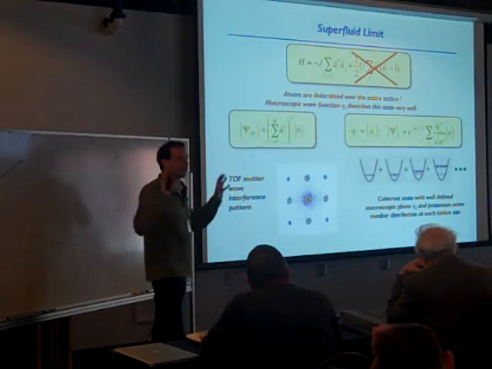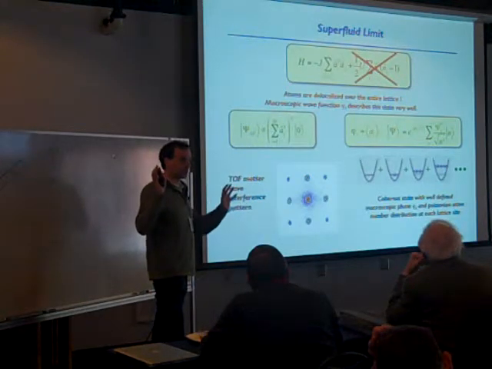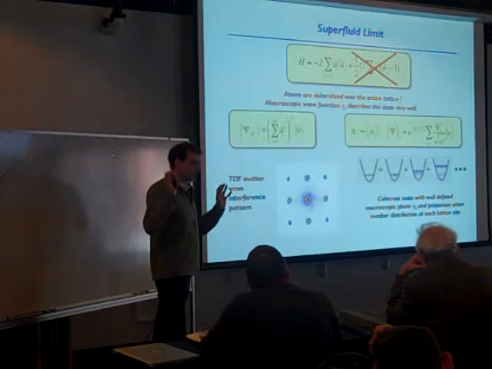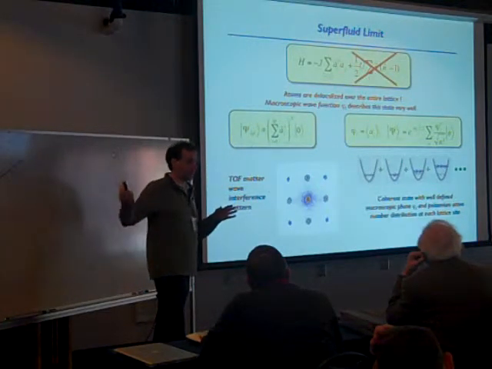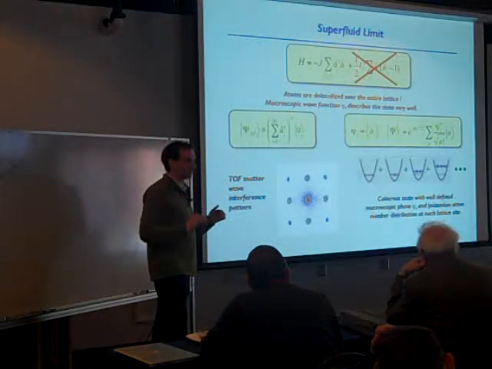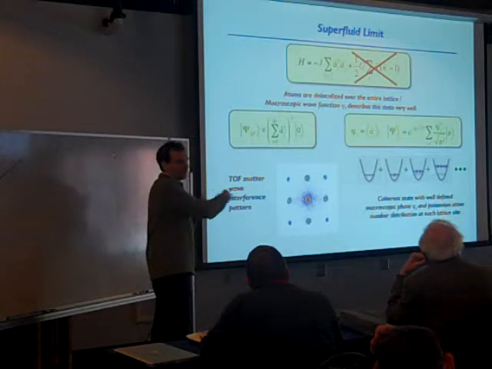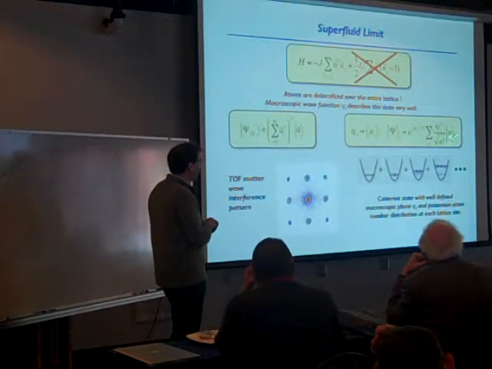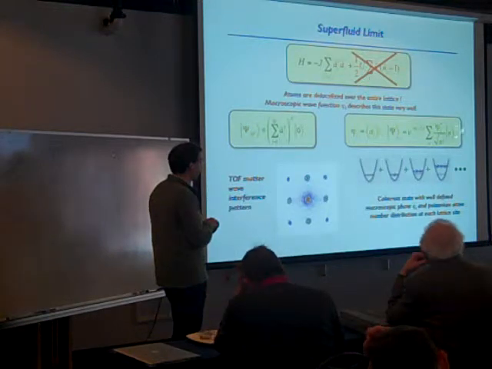Just like you have in a cavity, a superposition of different photon numbers. And just like you have in a classical pendulum, a superposition of different energy eigenstates of the harmonic oscillator. Well, I have to be careful because we're not talking about the motion of the atoms here. So, a superposition of different atom numbers.